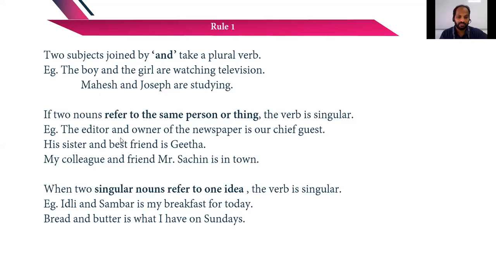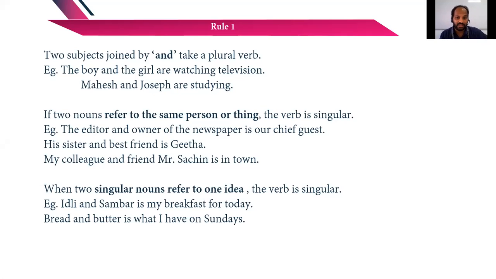But there are some exceptions. If two nouns refer to the same person or thing, the verb is singular. Even though it is with and, it refers to the same person or thing. Examples are given here. The editor and owner of the newspaper is our chief guest.